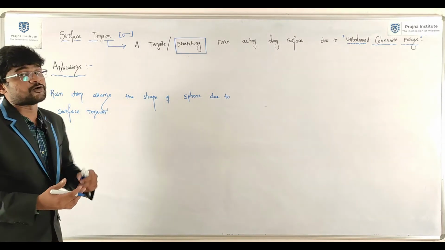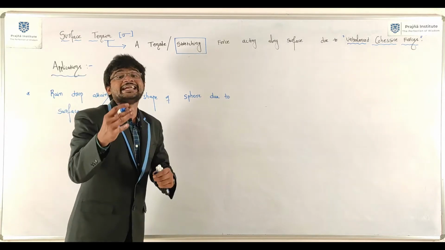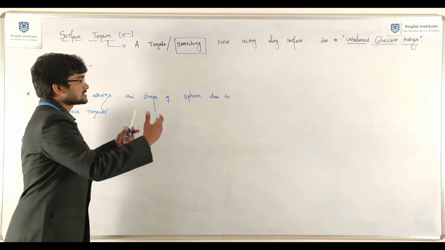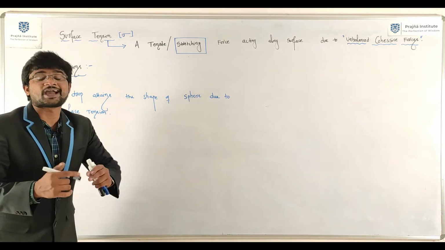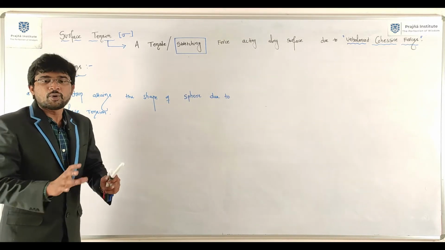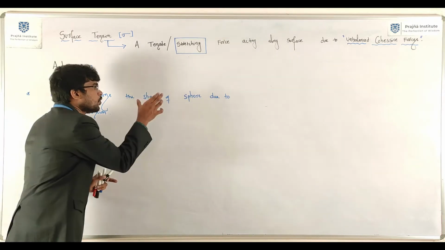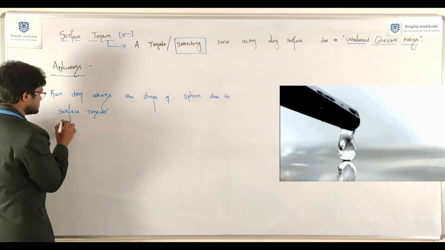What is the reason for spherical raindrops? Well, that is surface tension. Why only a sphere? Why not rectangular? Why not cubical? Why not something else? We need to discuss here.